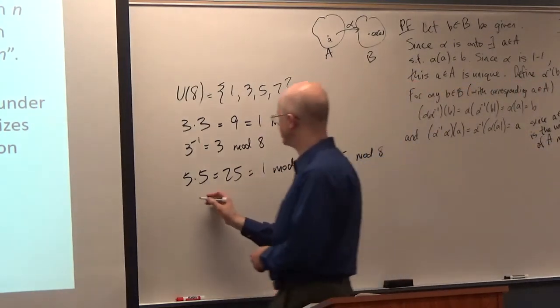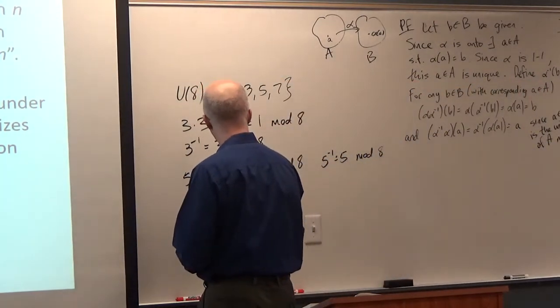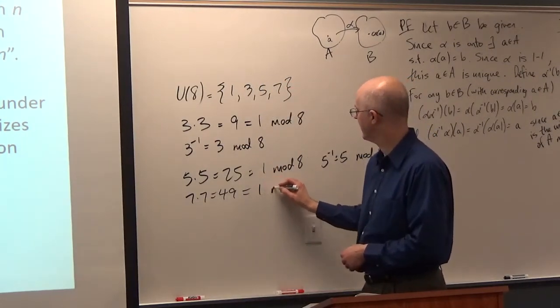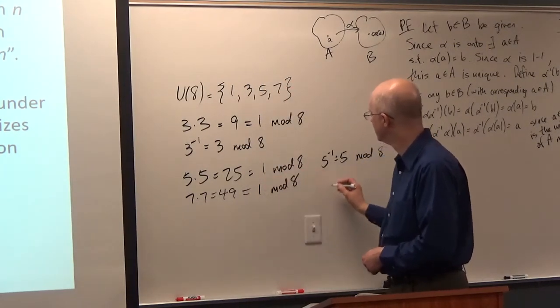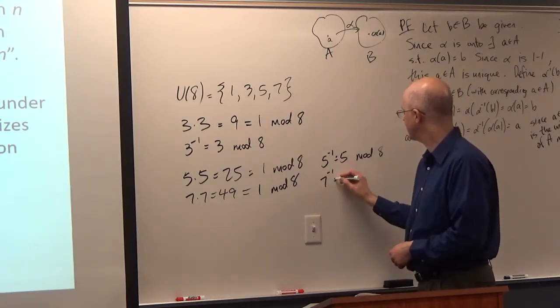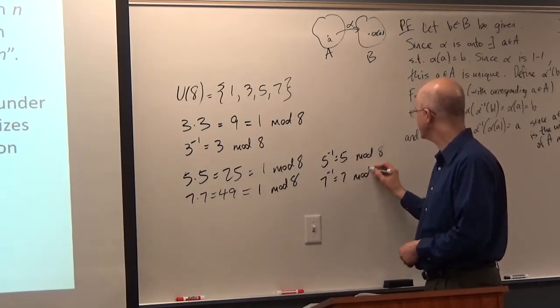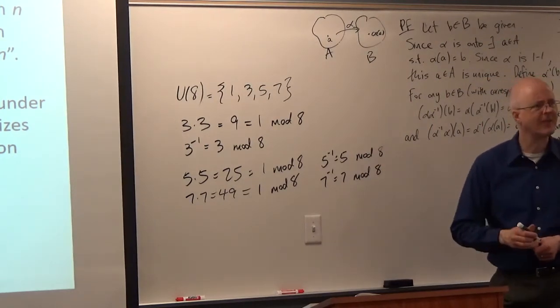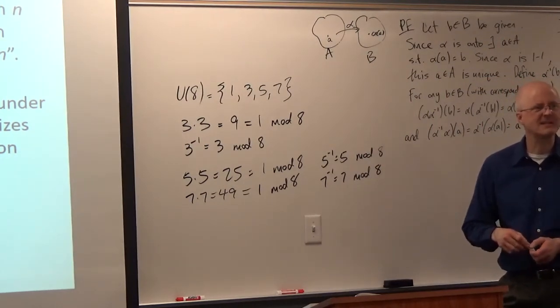How about 7? 7 times 7 is 49. Divide 49 by 8, you get a quotient of 6, a remainder of 1. That's 1 mod 8 as well. 7 is also its own inverse mod 8. 1 is also its own inverse. Every element is its own inverse in this group. Weird, but true.